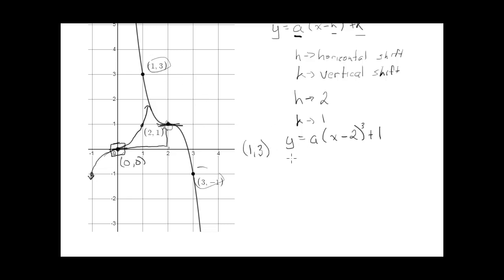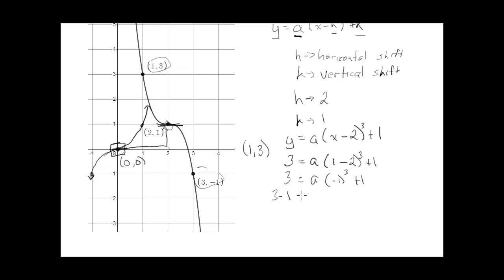So 1, 3. Sub them in for y and x. 3 equals a(1 minus 2) cubed plus 1. And then solve for a. So it'll be a(minus 1) cubed plus 1.